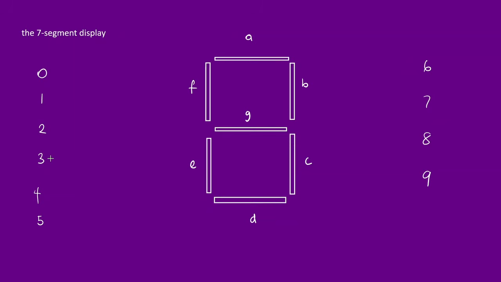We can do the same thing for any other number. Let's say 7: shade A, shade B, shade C. So ABC is going to represent 7. That's the logic when dealing with 7-segment displays. You have numbers from 0 to 9, and you want to show which sequence of segments I activate to make such a number come alive.